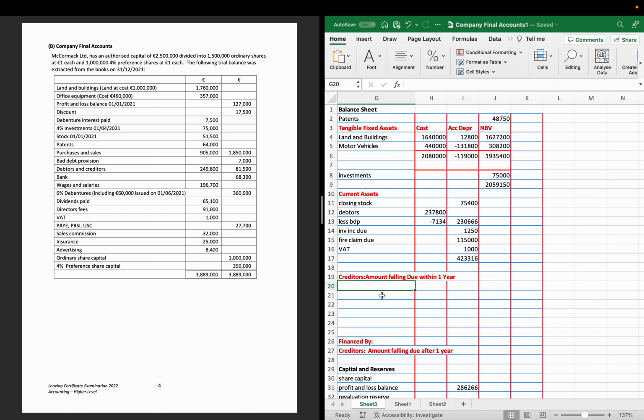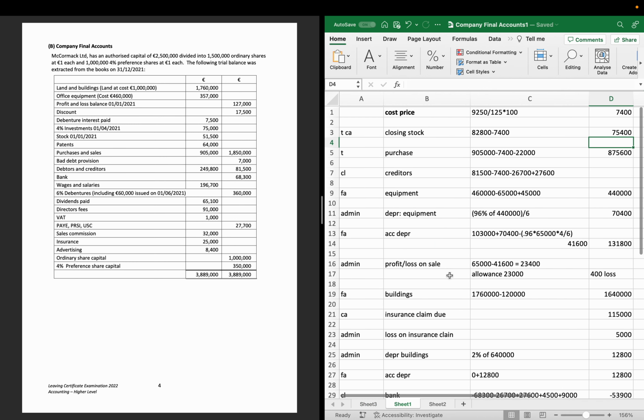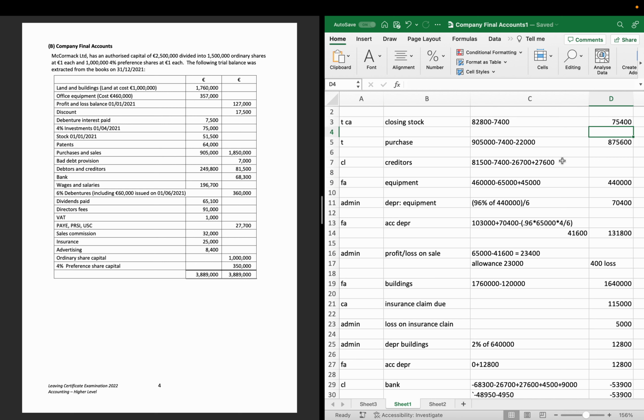So we know we'll have creditors, bank, debenture interest due. So they're going to be from the question. So we'll have creditors up at the top. Just do that sum out.